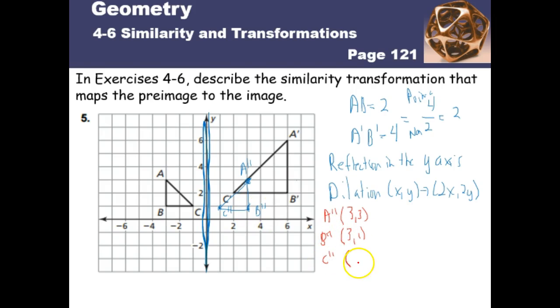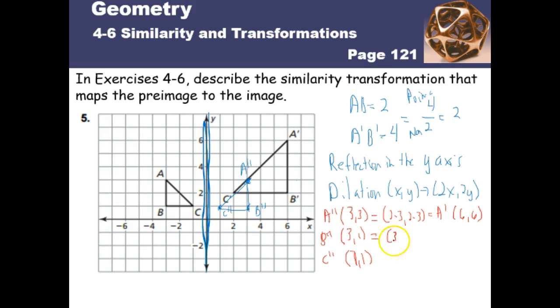And C double prime is the point 1, 1. So if I multiply each of those by 2, I get 2 times 3 and 2 times 3, which is going to be A prime, which is 6, 6. So let's see if A prime is at 6, 6. And it is. Here's 6. 1, 2, 3, 4, 5, 6. So 6, 6 for A prime.